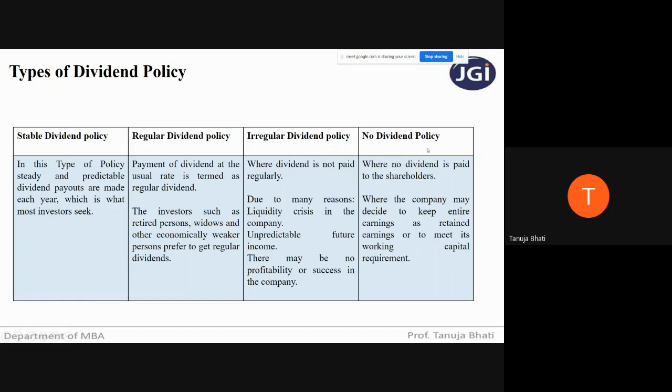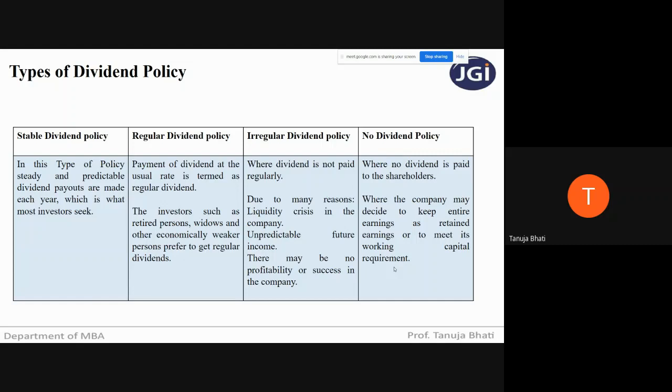Next, no dividend policy means no dividend is paid to the shareholders, where the company may decide to keep the entire earnings as retained earnings or to meet its working capital requirement. See, students, there are various companies who do not pay dividend at all. Why? Because they have opted for no dividend policy, where whatever earnings they earn every year, they want to keep in their savings.